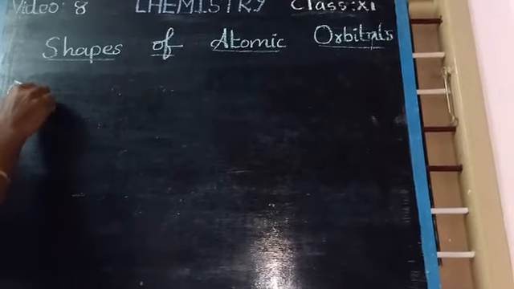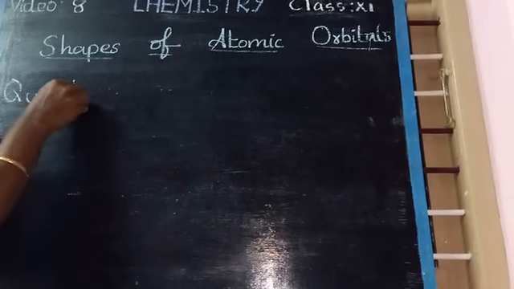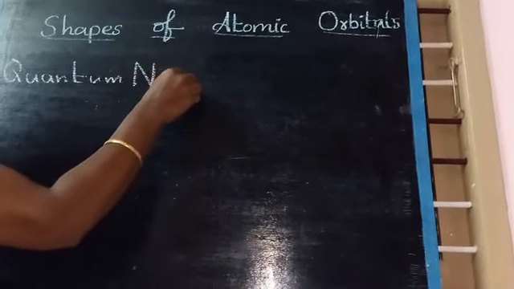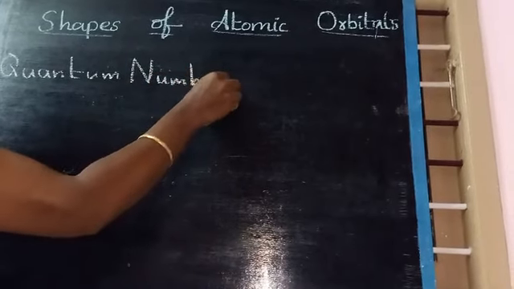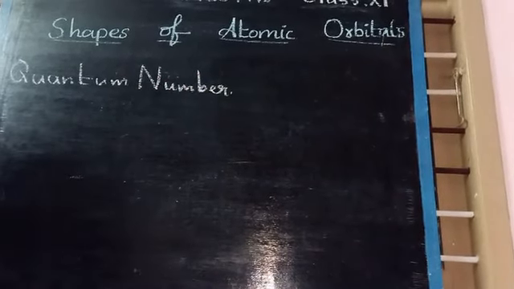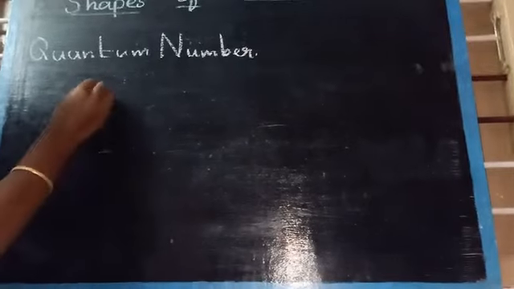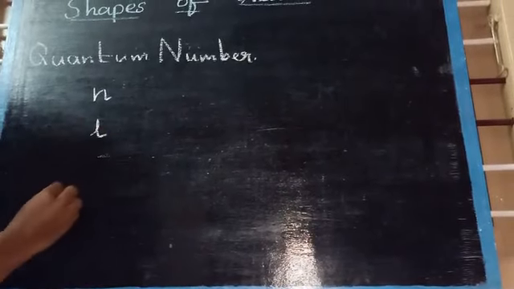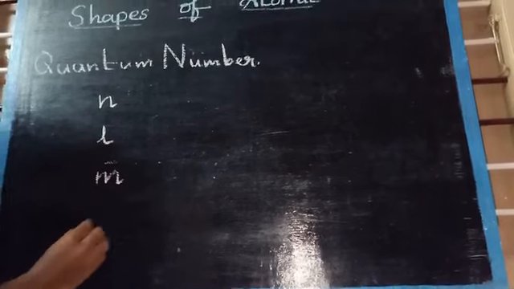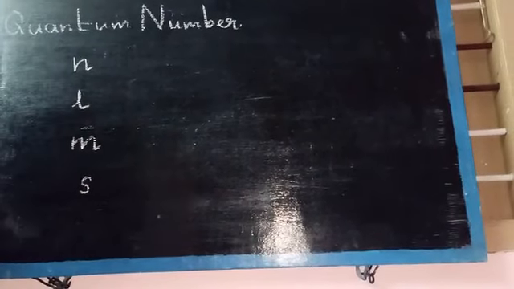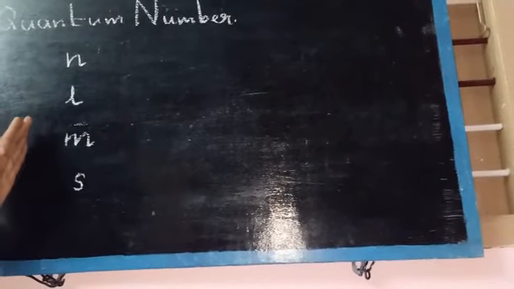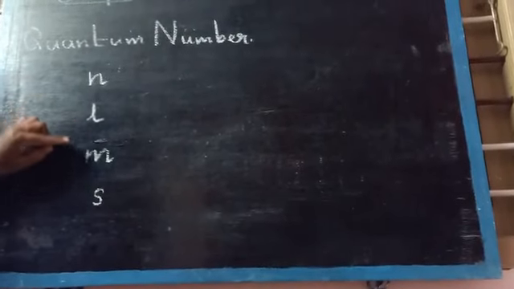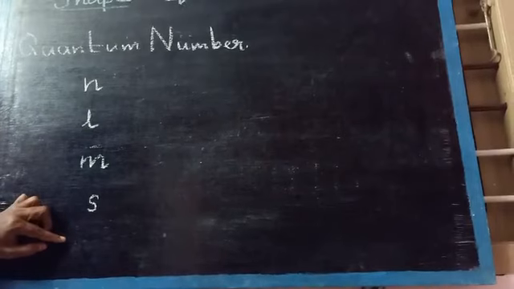There are 4 quantum numbers: principal quantum number, azimuthal quantum number, magnetic quantum number and spin quantum number.